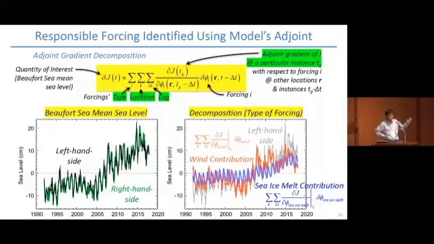The bottom figure on the left shows the accuracy of this approach, comparing the left-hand side of the equation in black and the sum of the terms on the right-hand side in green. The agreement between black and green reflects the physical consistency of the ECCO estimate and demonstrates the fidelity of this expansion.